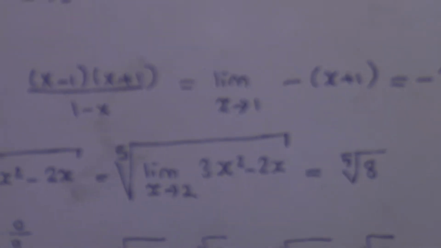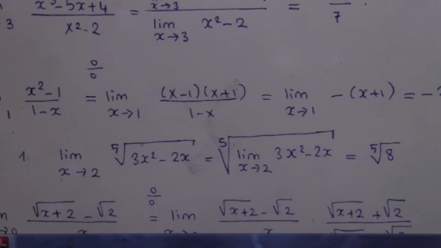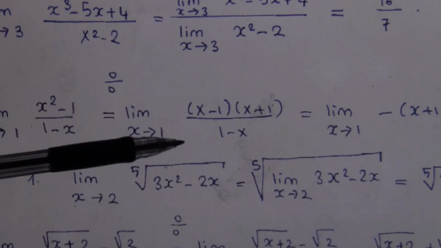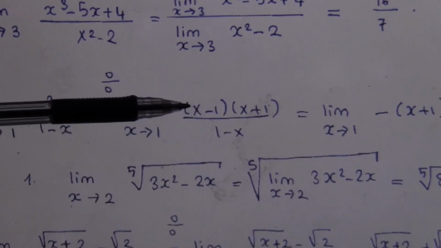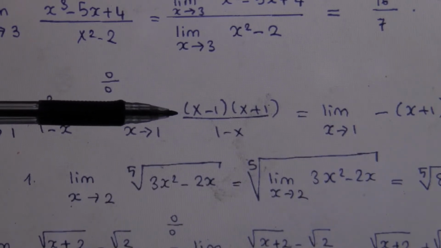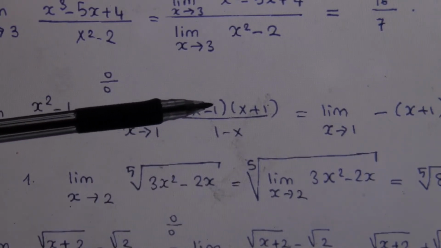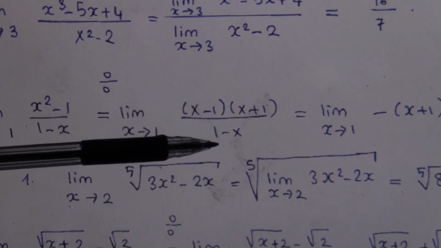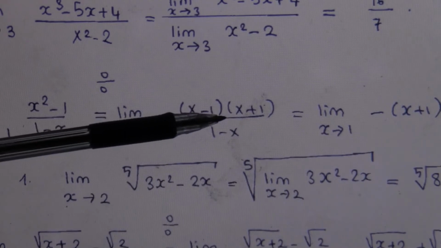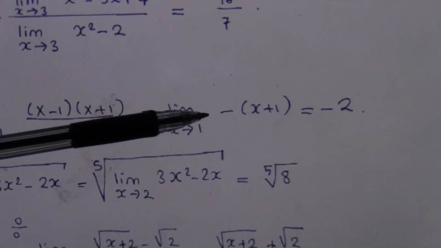Alright? So again, I'm showing the logical steps of it. At this stage, you write this back as negative of 1 minus x, and the 1 minus x will cancel out with this 1 minus x, and the negative in front will just go to this part here. So you have negative of x plus 1 remaining.